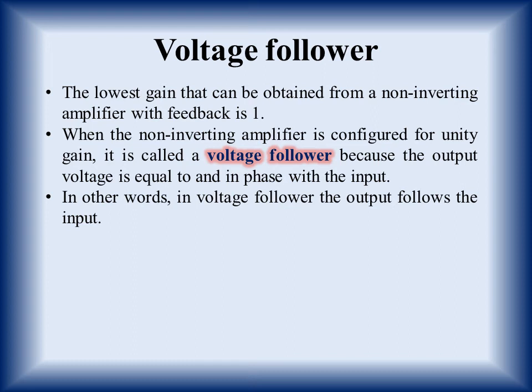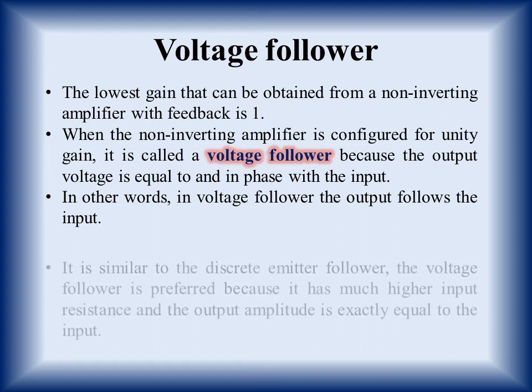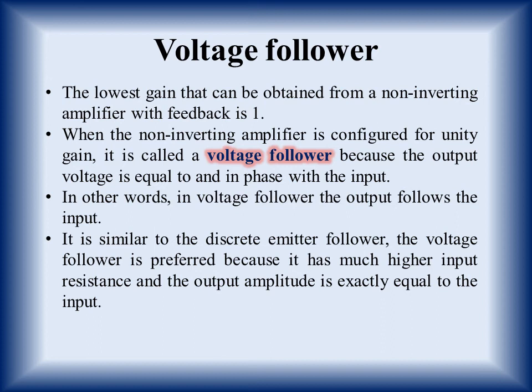So what is the use of it? Gain is 1. There is no gain. Whatever signal we apply to the input we get the same in the output, but it has many useful properties. It is similar to the discrete emitter follower. You must have studied emitter follower in case of transistors.